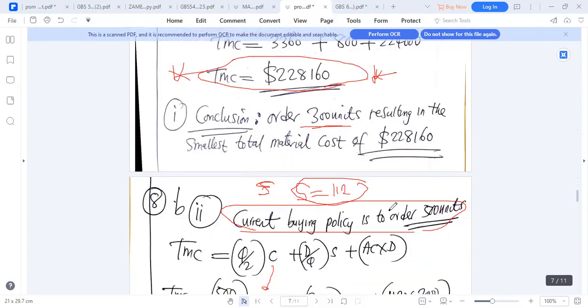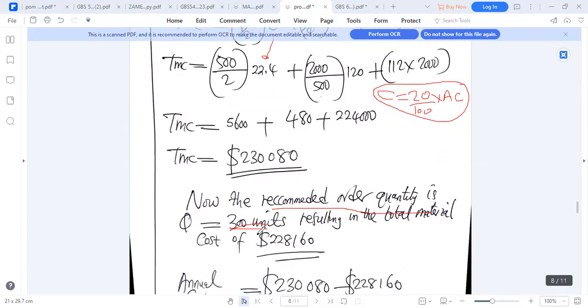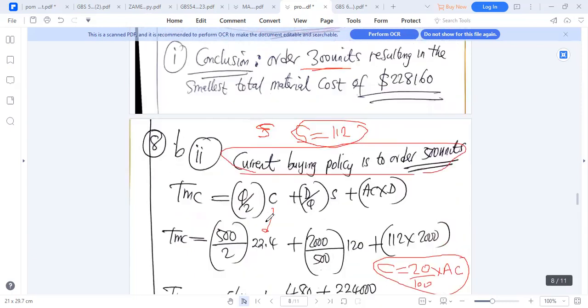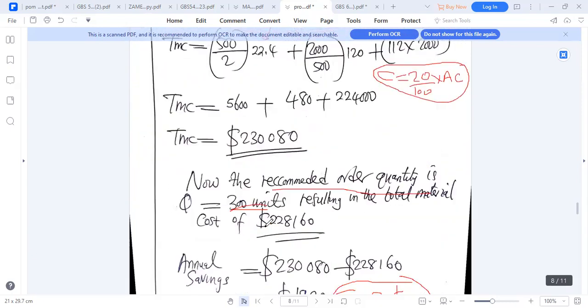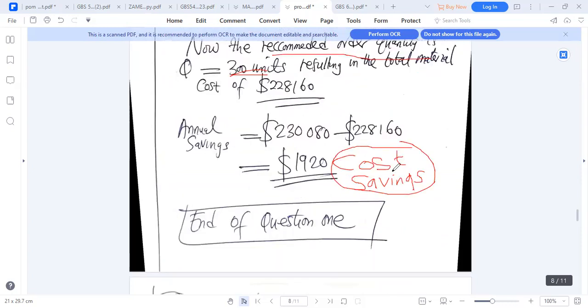And when they were ordering 500 units, the cost was $230,080, which proved to be on the higher side. That's why we looked at the annual savings from the current ordering policy versus what we can order now. The annual cost savings are 1,920.